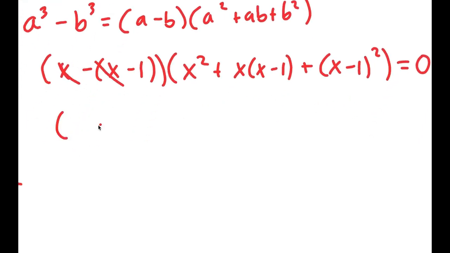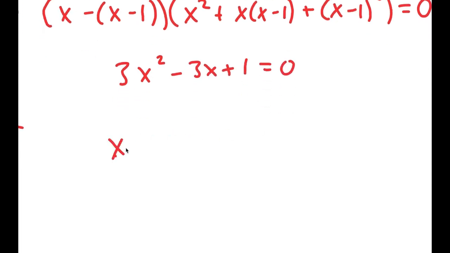And these two x's cancel out, so I get negative 1 times x^2 plus x(x - 1) plus (x - 1)^2, which all turns into, if you simplify this, 3x^2 - 3x + 1 equals 0.